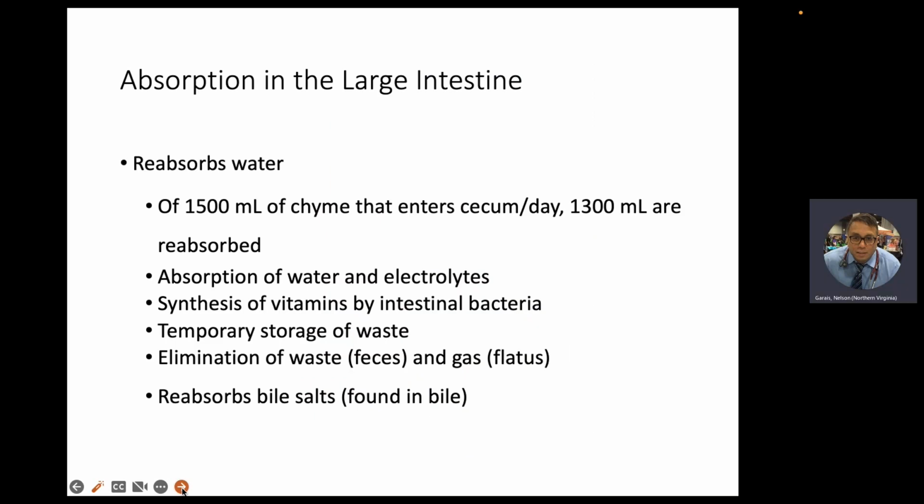Large intestine, of course, absorbs water and makes waste. As it makes waste, during the chemical process, some gas is formed, and that is called flatus. The process of passing gas or farting, that's flatulence. There's also a bunch of intestinal bacteria. Remember, E. coli being the most popular one, also known as Escherichia coli.